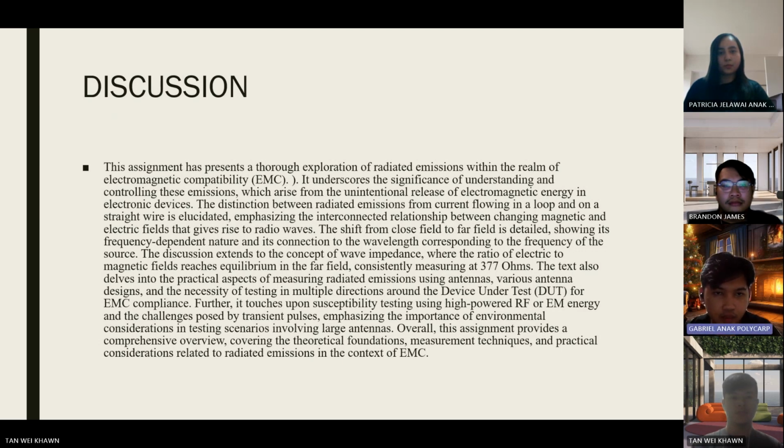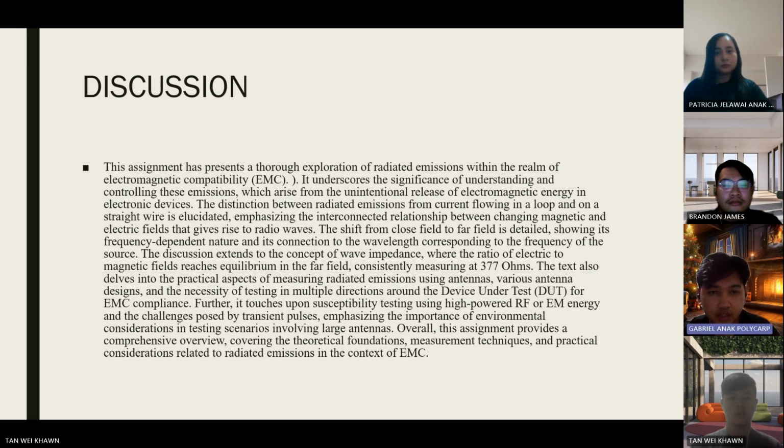The distinction between radiated emissions from current flowing in a loop and on a straight wire is elucidated, emphasizing the interconnected relationship between changing magnetic and electric fields that give rise to radio waves. The shift from near field to far field is detailed, showing its frequency-dependent nature and its connection to the wavelength corresponding to the frequency of the source.